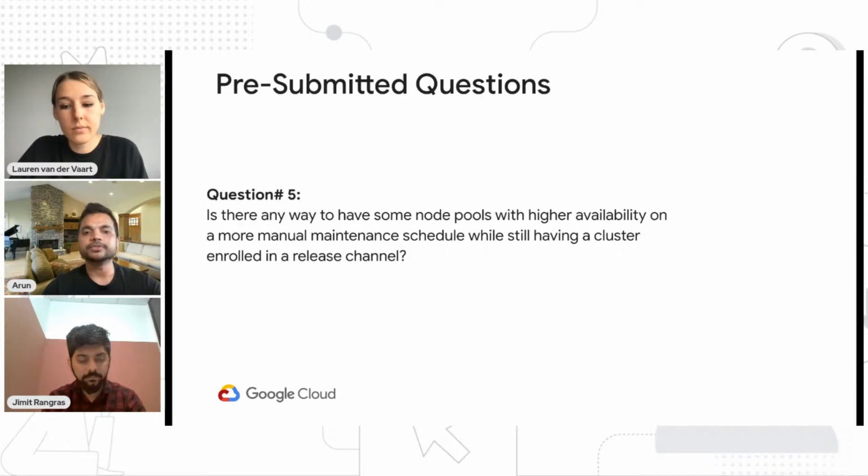Node pools, when you create a cluster, are by default enrolled in auto upgrades, but you can disable the node pool upgrades and upgrade them on your own terms or time, as and when it suits you. So you do have an option to disable the node pool auto upgrades and upgrade them as and when you see fit.